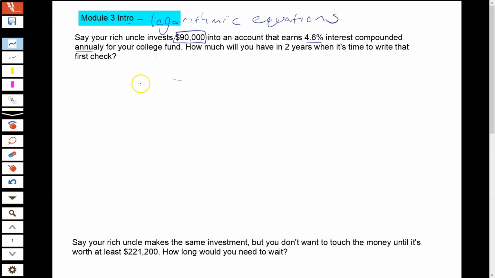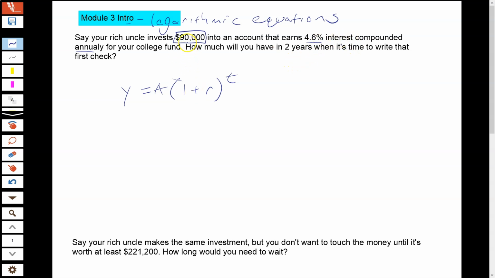Okay. So we know how to do this math, right? I'm going to use that same function that we always use: A times 1 plus the rate to the t. Because it's compounded annually, we don't need to worry about the compounding period. I'm going to plug in a couple of my givens.